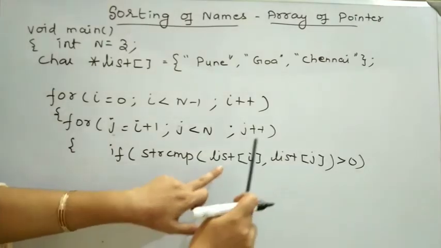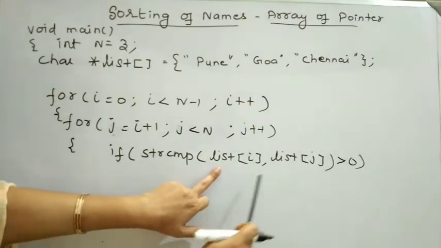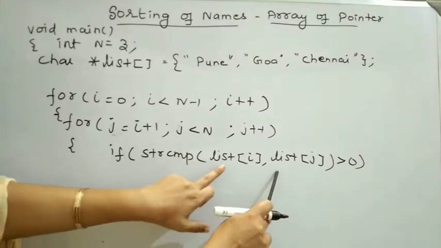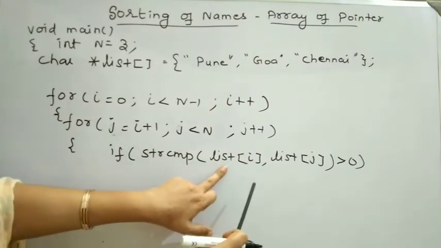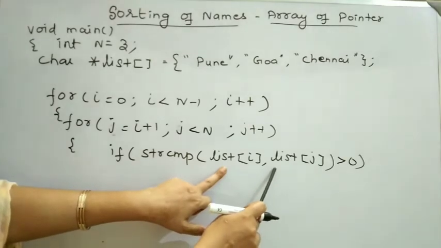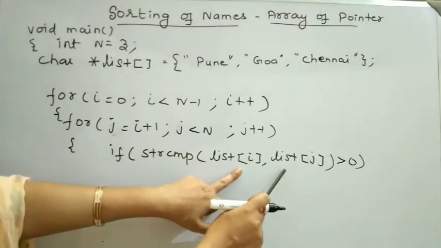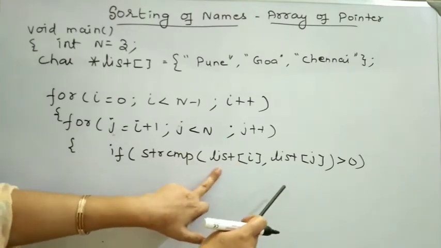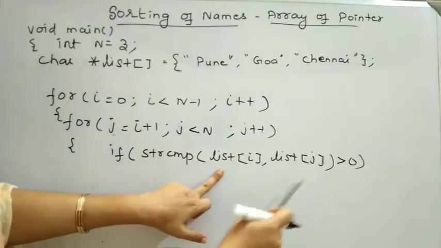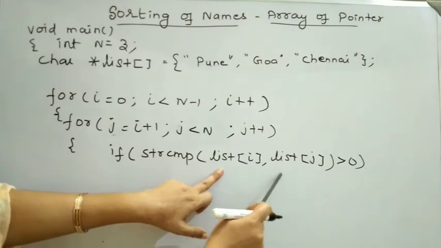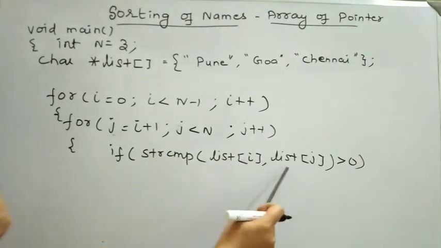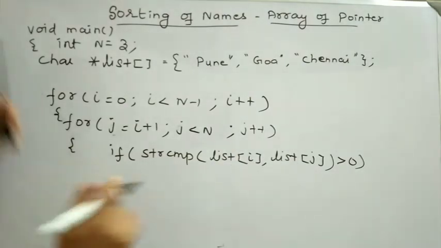When it finds an unmatched character in the left string and the right string, and the character in the left string comes after the character in the right string, here the left string is list of i and the right string is list of j, that is, in alphabetical order it comes after, I need to do the swap procedure.